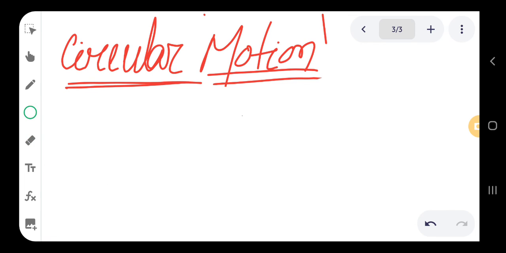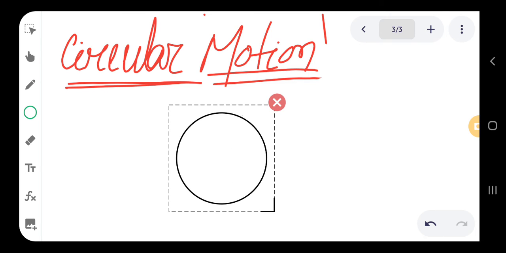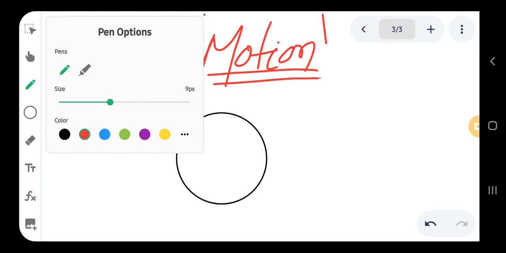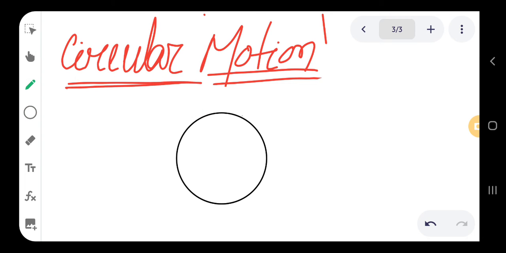So this is a circle. Suppose someone is just holding the thread, and this is the stone. The stone is moving like this. Suppose you moved like this and you threw the stone.